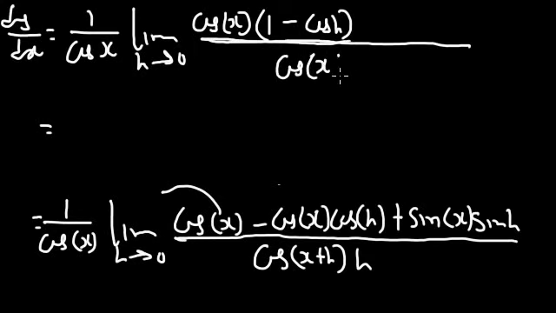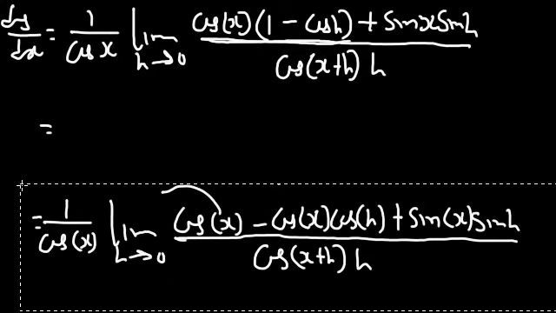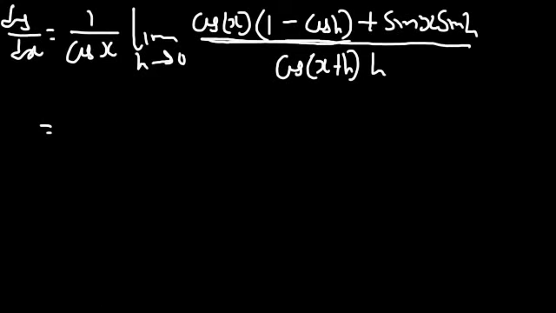cosine x plus h times h. Then don't forget we have plus sine x sine h. Now what I would like to do next is separate the cosine x plus h as well from this fraction, but it should still be within the limit because it has an h term.